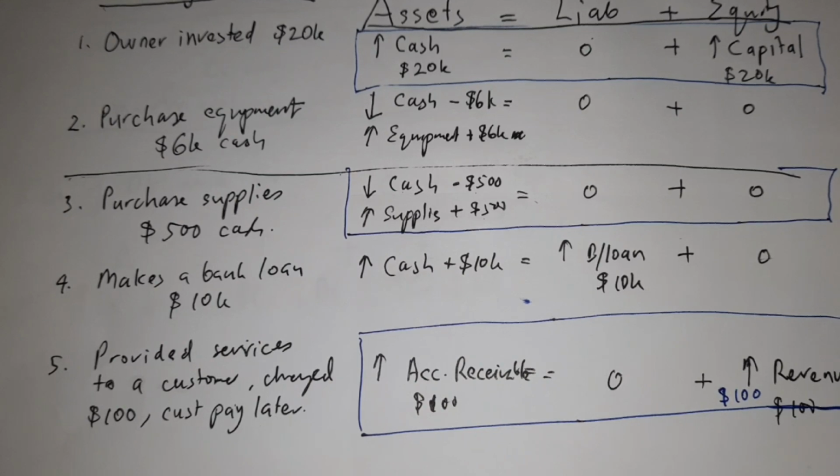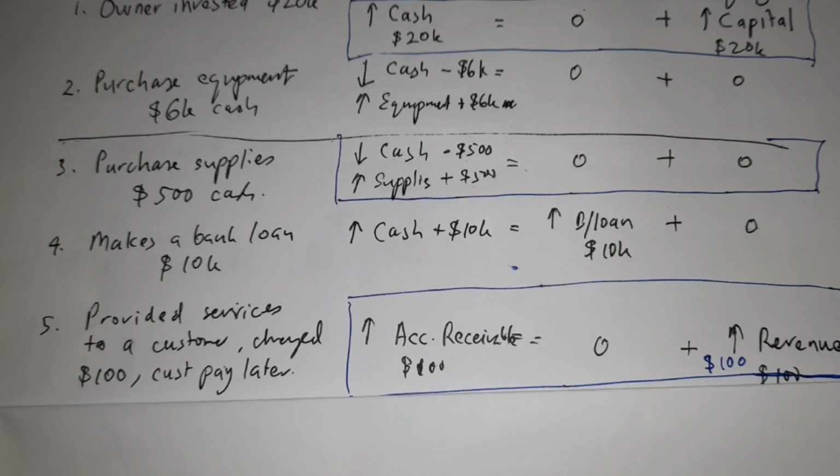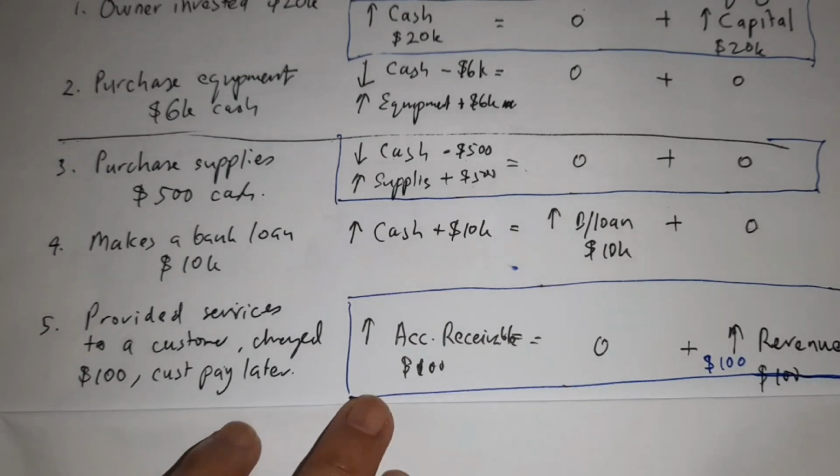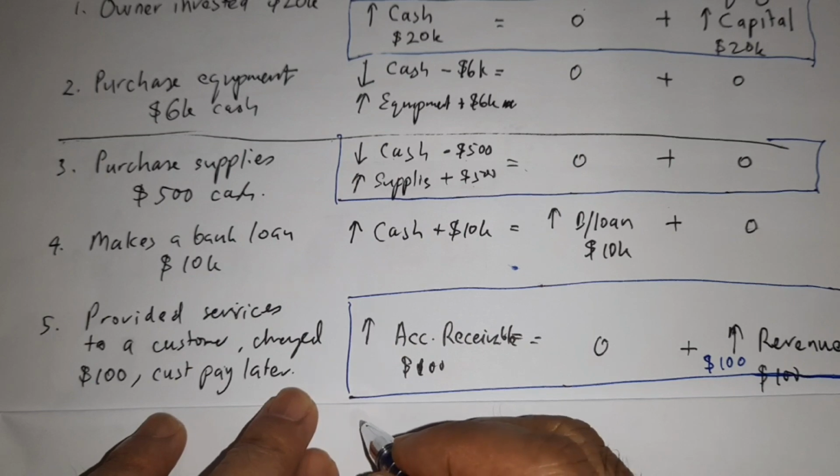In transaction number 5, your business provided services to a customer and charged $100. The customer will pay later. So you have analyzed this transaction, and the effect is asset account receivable increase, equity increases, the account is revenue. So you know the rule of debit and credit.